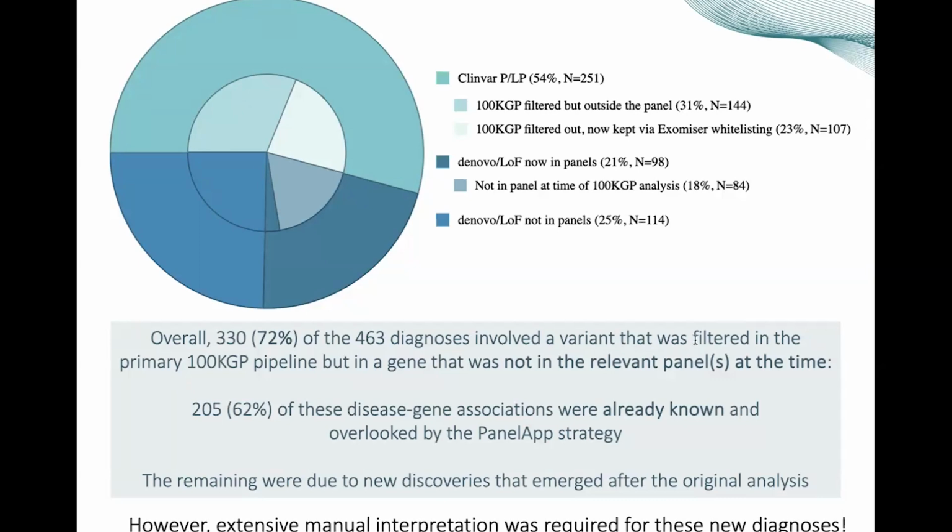And finally, the remaining were due to new discoveries that emerged after the original Genomics England analysis. However, this was very successful in terms of identifying novel diagnoses for 463 rare disease families.